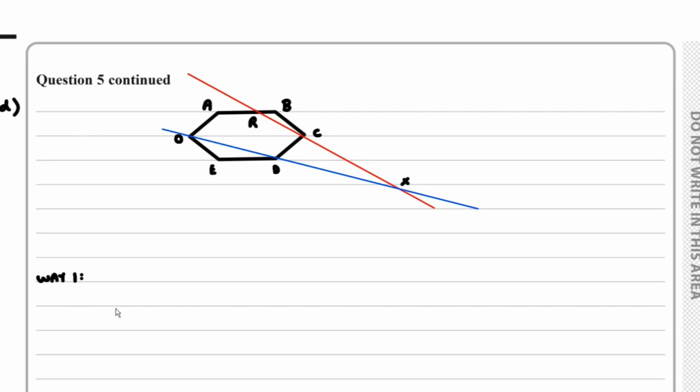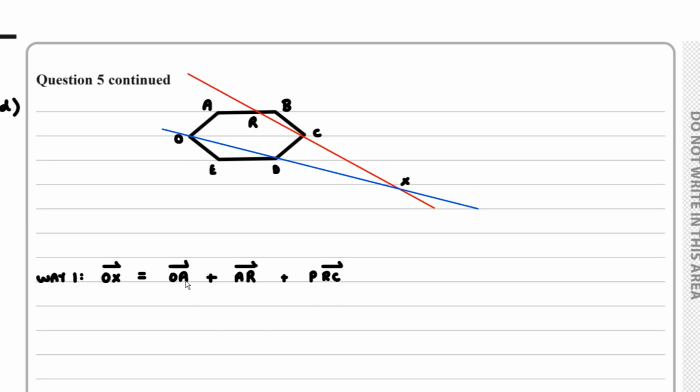So the first way to go from O to X, we can go from O to A, then A to R, then R to X, and we need to recognize that RC is a multiple of RX. So we have P multiplied by RC.